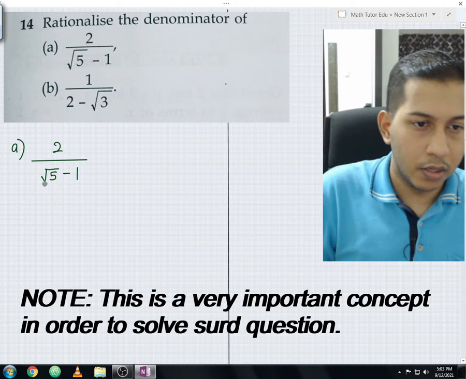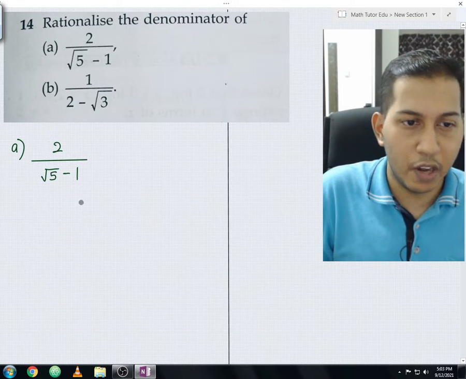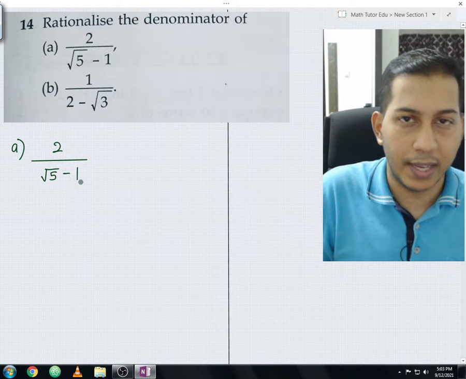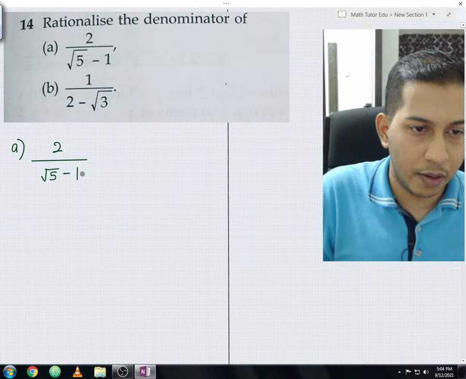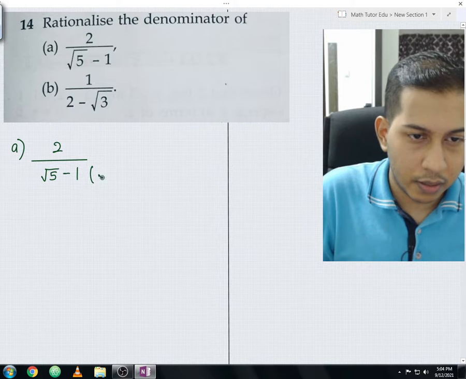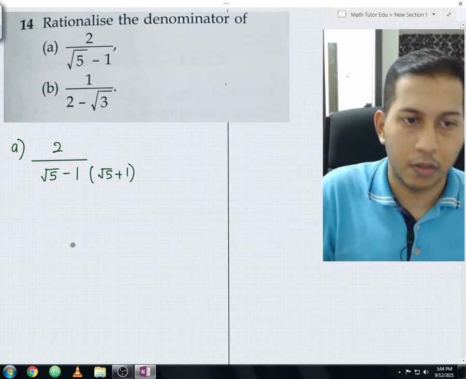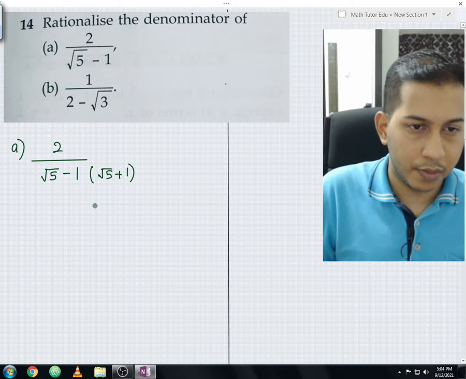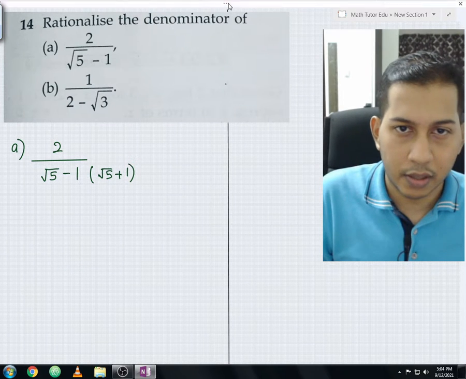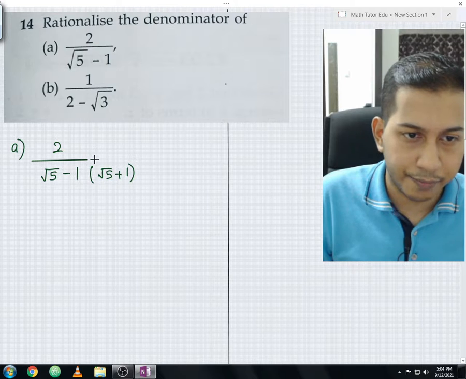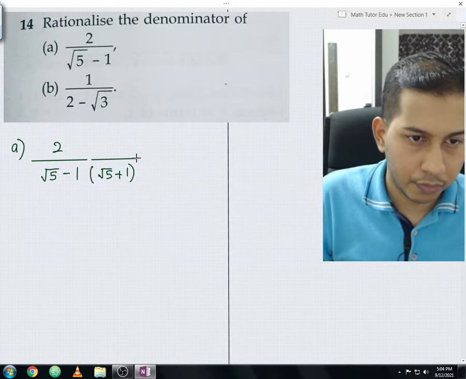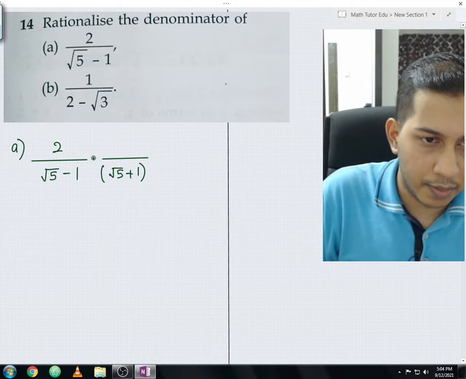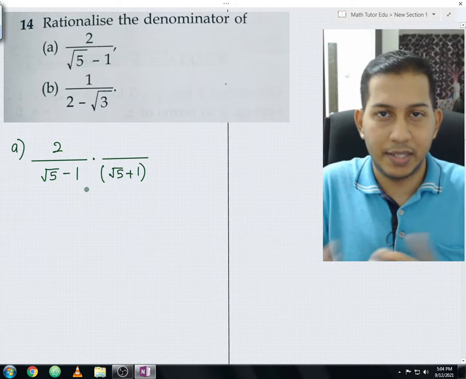Okay, so from here, in order to rationalize the denominator, we're going to times with the conjugate. So in this case, the conjugate of the denominator is square root 5 plus 1. Okay, so from here let me just draw a fraction line. Let me just put a dot symbol here indicating that you are multiplying.